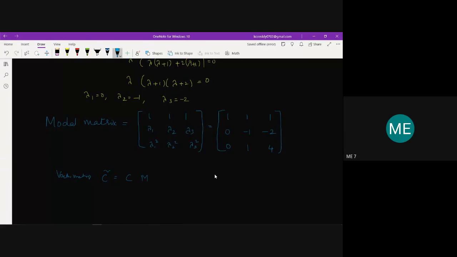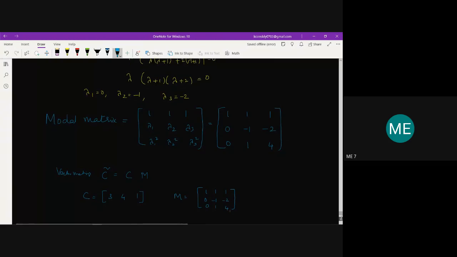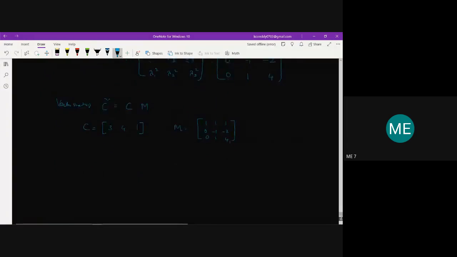The vector C matrix is equal to C into M. So we know that the C matrix is given as 3 4 1, then M is given as 1 1 1, 0 -1 -2, 0 1 and 4. By using these two matrices, substitute in the above vector C matrix.